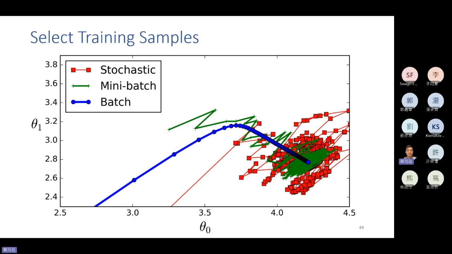Also, another point is that in practice we usually have a large training data set, right? If we have a big enough GPU, we can put all the batch inside the memory and do training. We can calculate the gradient of the batch. Then that will be batch gradient descent.